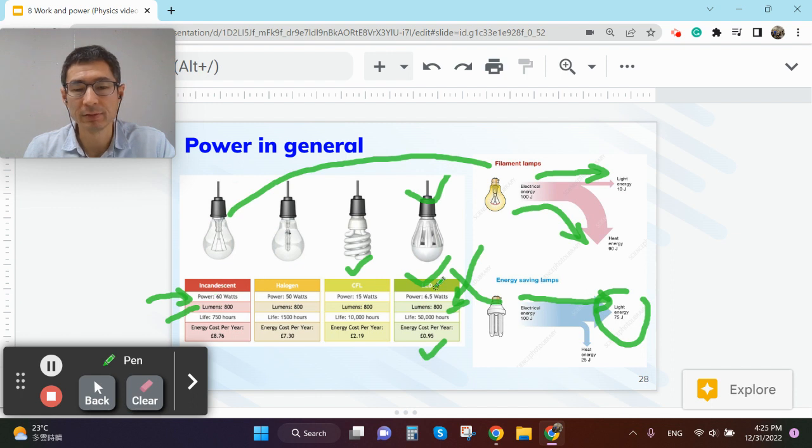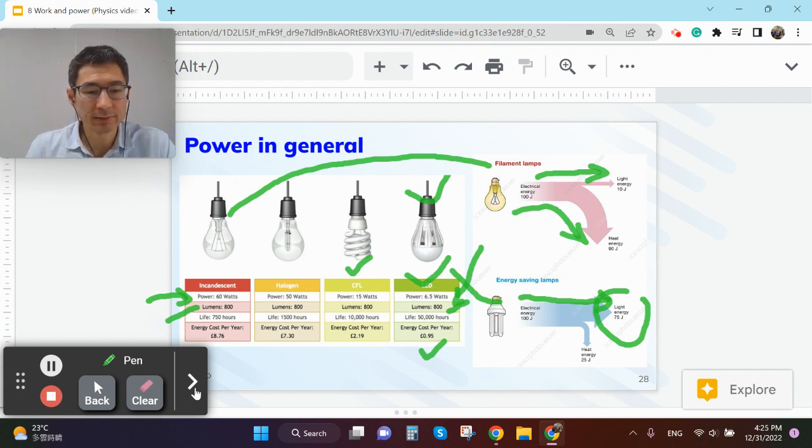And the power consumption to operate is also about 10 times less. So the LEDs are much more efficient to operate because they transfer electric energy to light energy. Hopefully you understood.